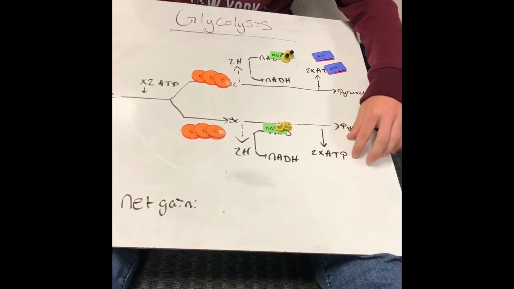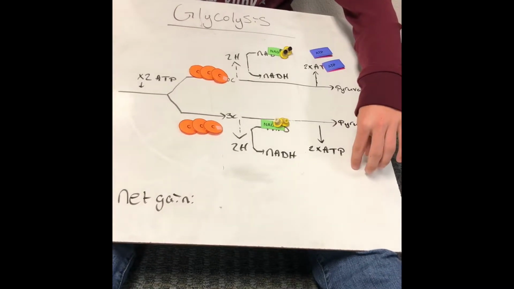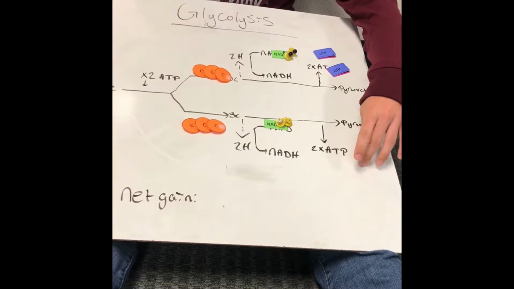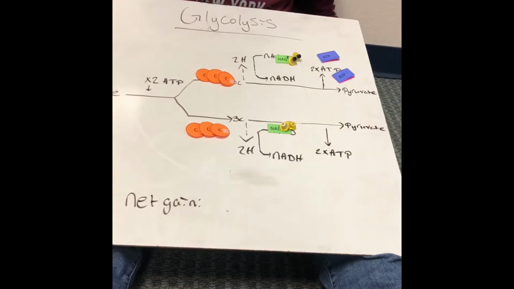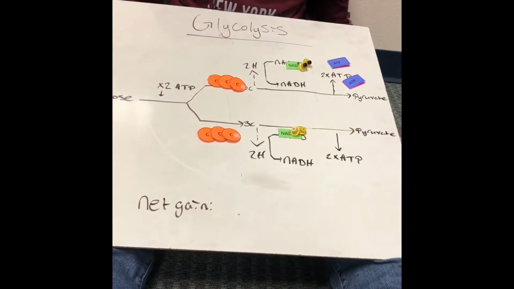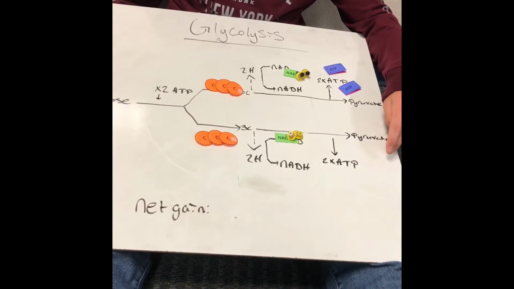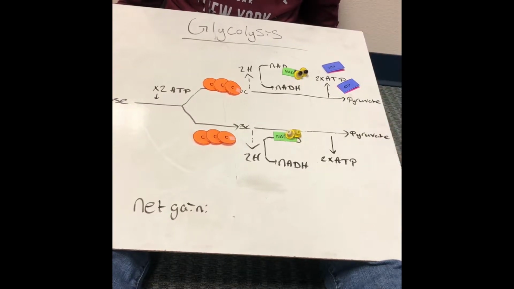So in total, we have 4 ATP, but the net gain is going to be 2 ATP because it required 2 ATP to make 4. And so in total, we have gained 2 pyruvate, 2 ATP, and that's a net gain, and then 2 NADH.